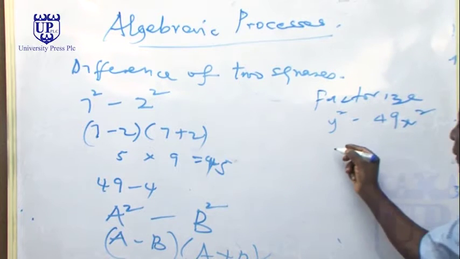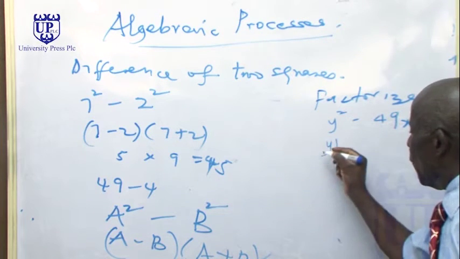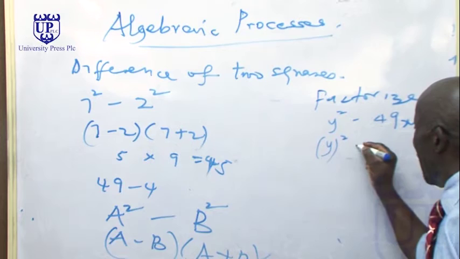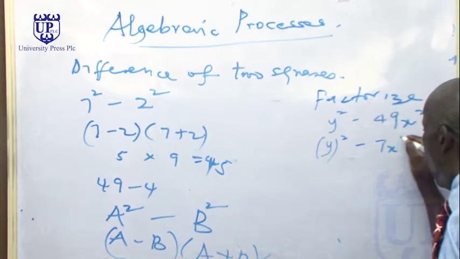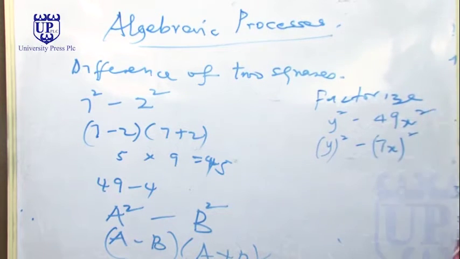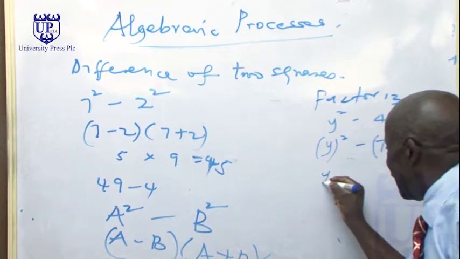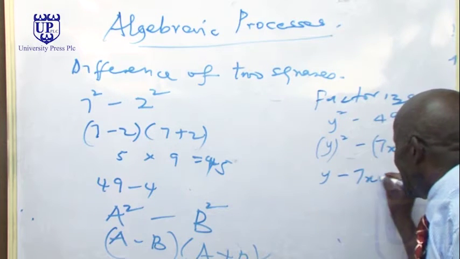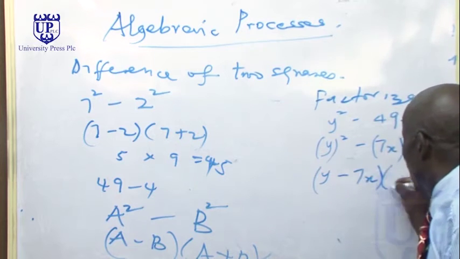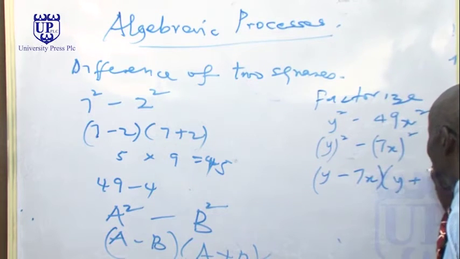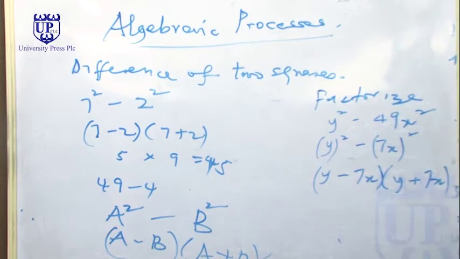So this is the same thing as y all raised to power 2 minus 7x all raised to power 2. This is difference of two squares. Then the next thing is to say y minus 7x multiplied by y plus 7x. That is all.